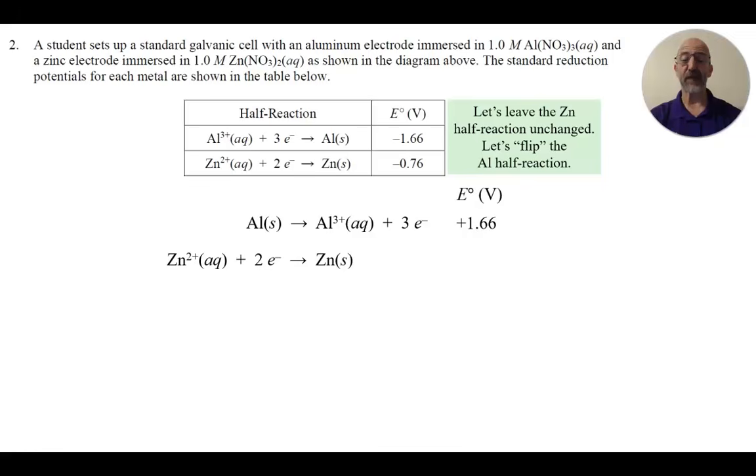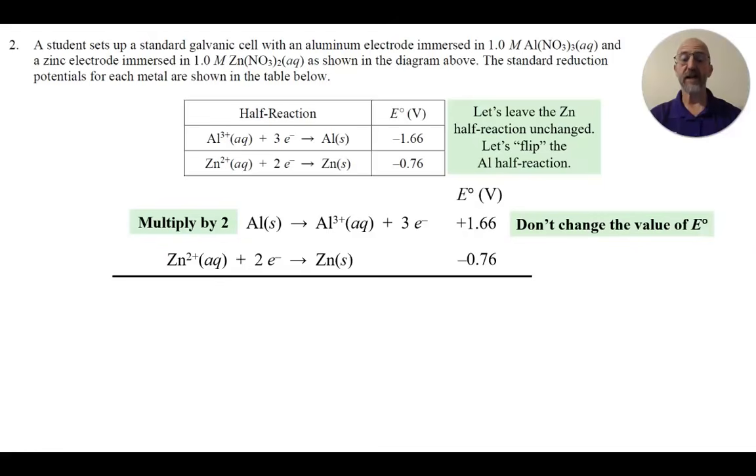There's my zinc half reaction, which I did not change at all. But you may remember that when you add the two half reactions together, you need to get the electrons to cancel out on opposite sides of the equation. You also may remember that even though you multiply a half reaction by 2 or by 3, you do not change the value of the cell potential.